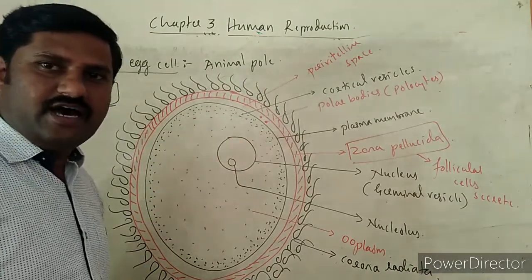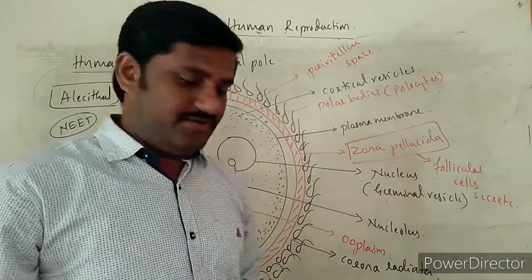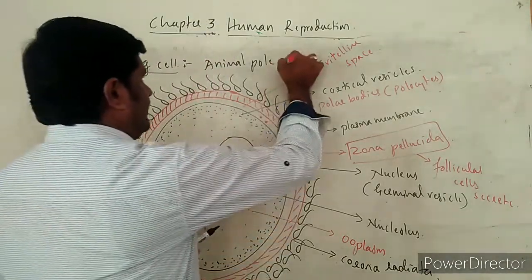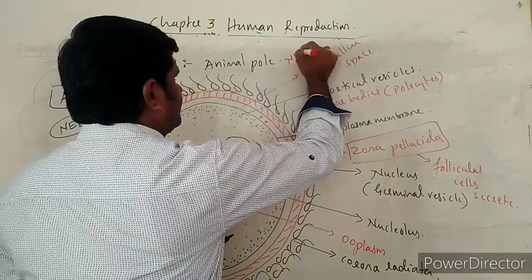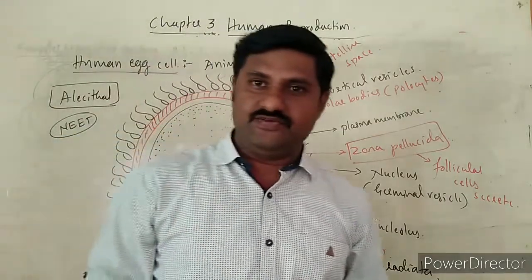Both are lying opposite to each other. This is also a more important point to be noted as far as the NEET examination is concerned. So, animal pole as well as vegetal pole.